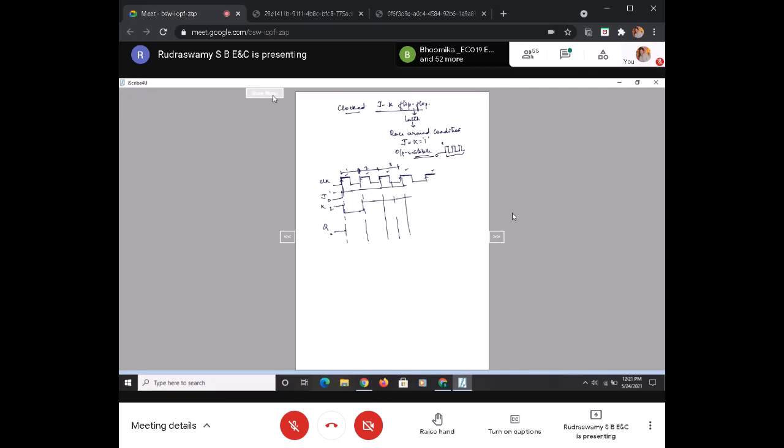The moment the first clock comes here, J is 1, K is 0. So my output will be set. It follows an SR flip-flop, right? When J is equal to 1, it means S is equal to 1, and K is equal to 0 means R is equal to 0. S1 R0 means it has to set. So output goes from low to high.